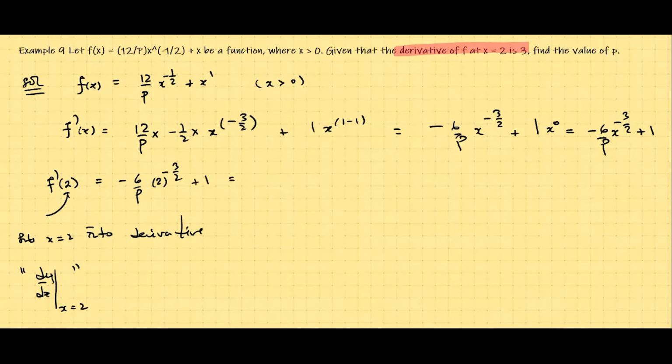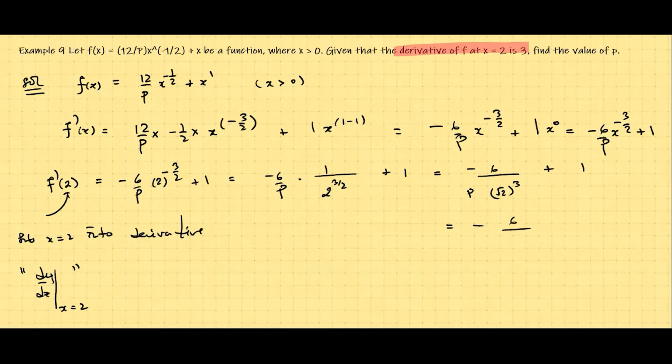So let's tidy this up a little bit. I'm going to get minus 6 over p, and then the negative power means it's 1 over 2 to the 3 over 2, and obviously the whole thing is being added to 1. Tidying that up a little bit more, it's just going to be root 2 cubed by rules of indices, with p coming along for the ride.